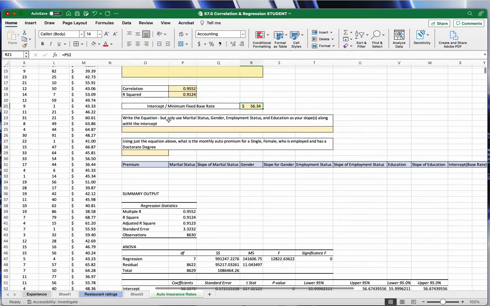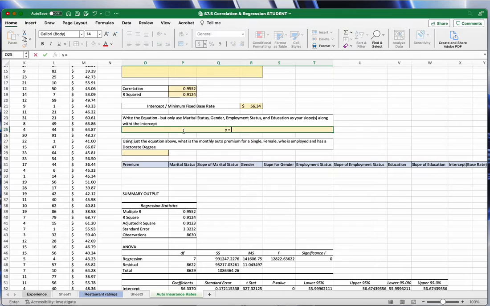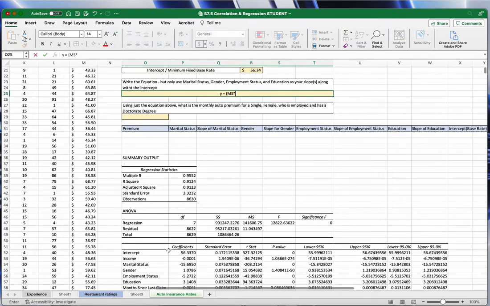And it says write the equation, but only use marital status, gender, employment status, and education as your slopes, along with the intercept. So this would be y, or our rate, equals, and you could write it any way, our marital status times its slope. And our marital status slope, we can come down here, is this -15.